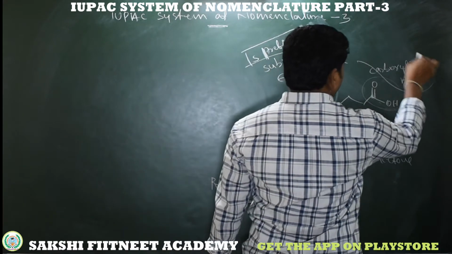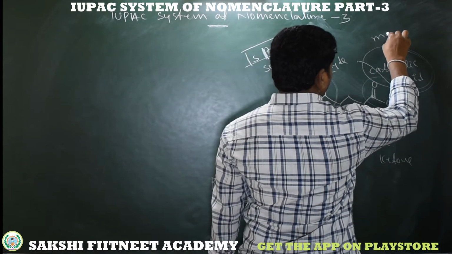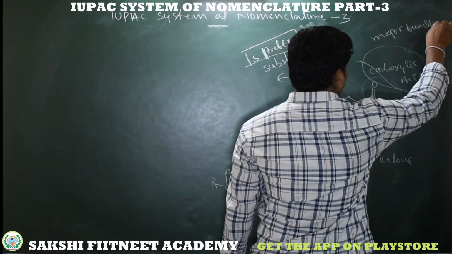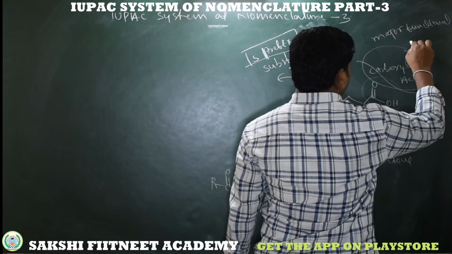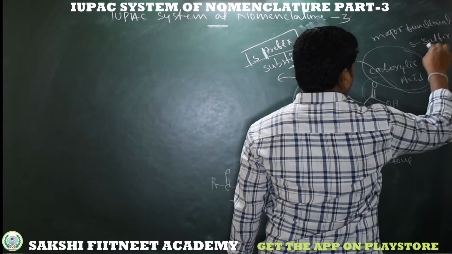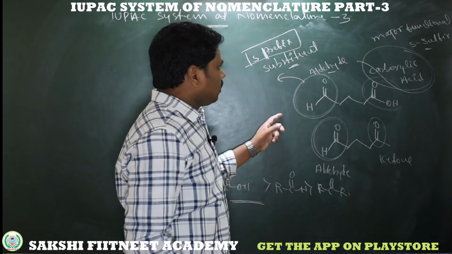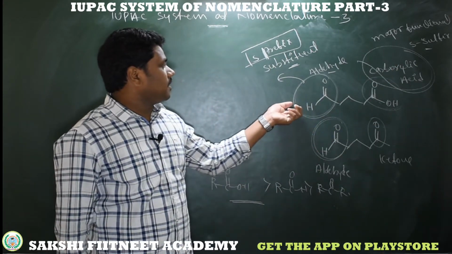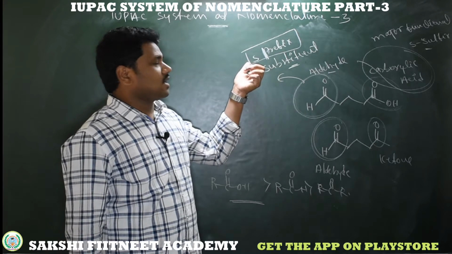And the carboxylic acid is the major functional group, and we are taking it as a secondary suffix. So in this molecule carboxylic acid becomes the secondary suffix, and aldehyde becomes a substituent as a secondary prefix.